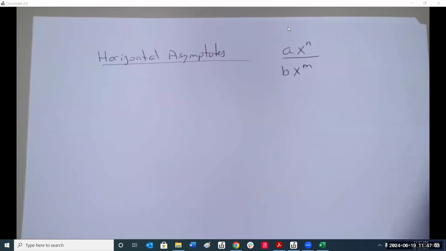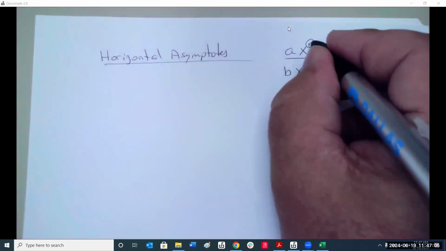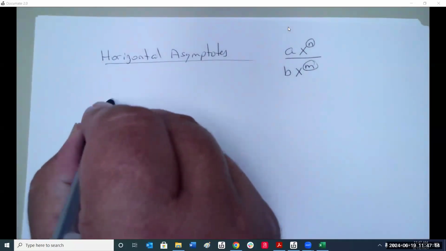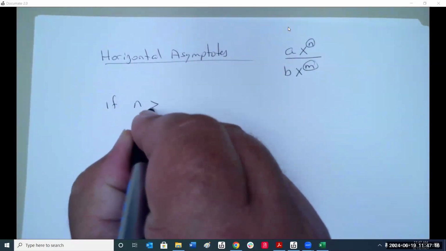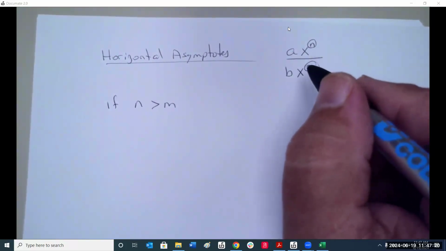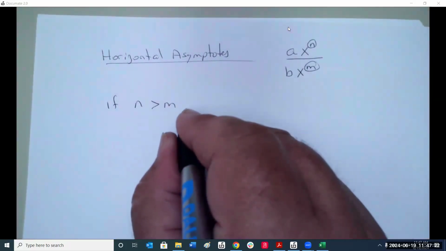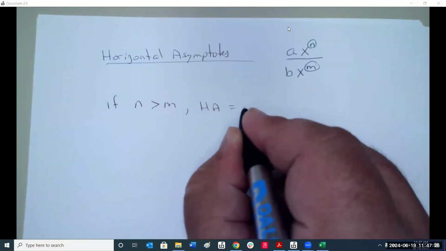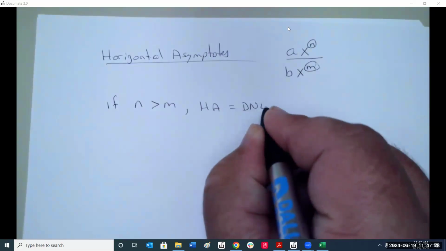Horizontal asymptotes deal with the degrees. The degree of the numerator, the degree of the denominator. If the degree of the numerator is bigger than the degree of the bottom, then the horizontal asymptote does not exist.